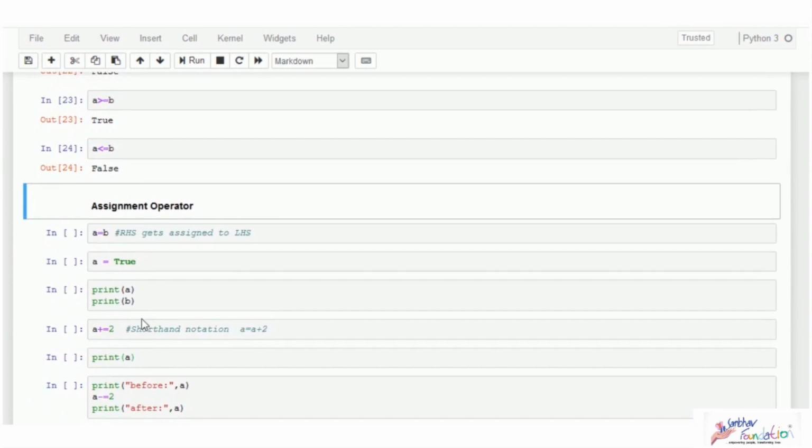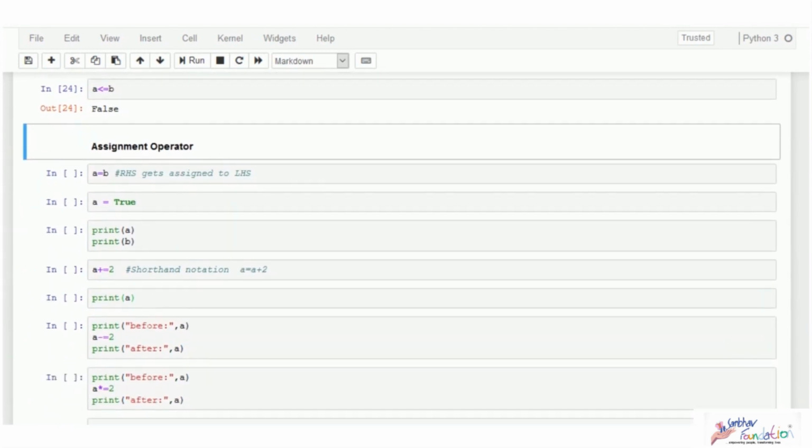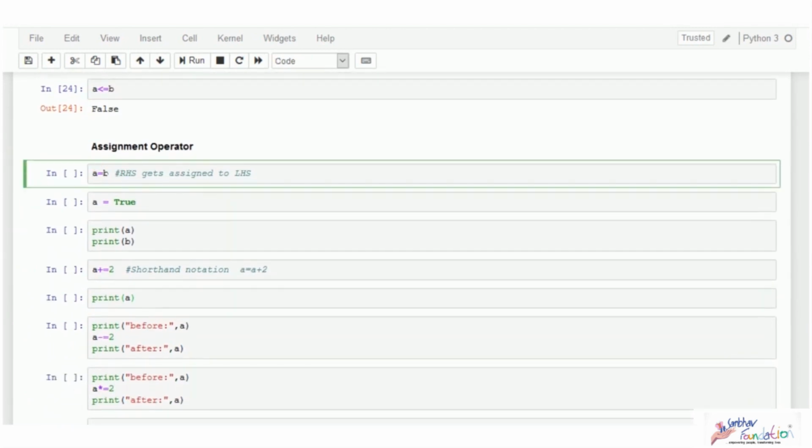Next we look at the assignment operator. We refer to this single equal to sign as the assignment operator, because it assigns some value to a variable. When you use it, the value of the right hand side is stored to the left hand side.